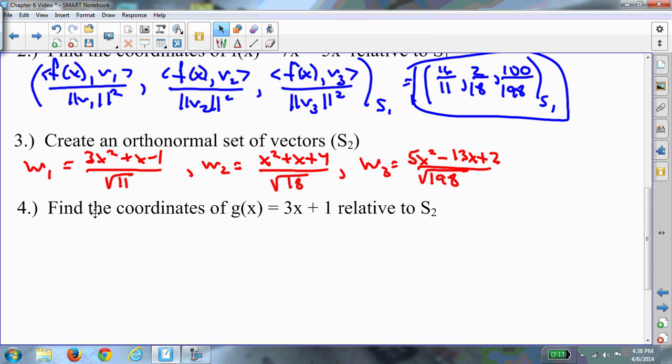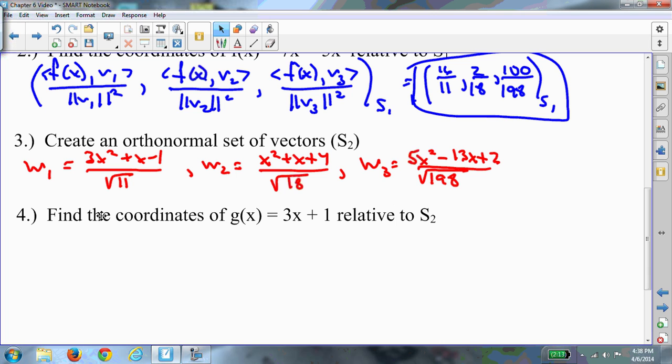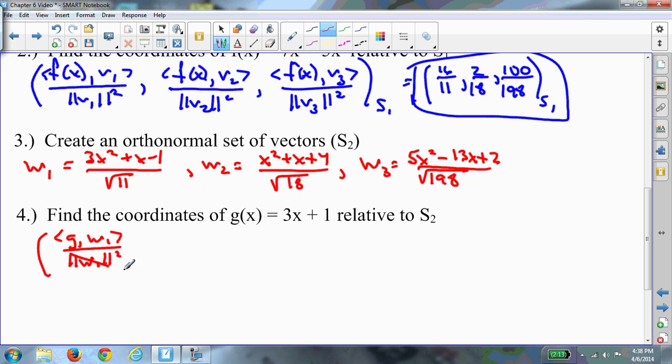Now, let's talk about the coordinates of 3x plus 1 relative to this. So kind of the same idea. This would be the inner product of g comma w1 over w1 squared. But w1 has a magnitude of 1 because I divided it by its magnitude, so that actually equals 1. Then the next would just be g inner product w2, and then g inner product w3, relative to S sub 2.